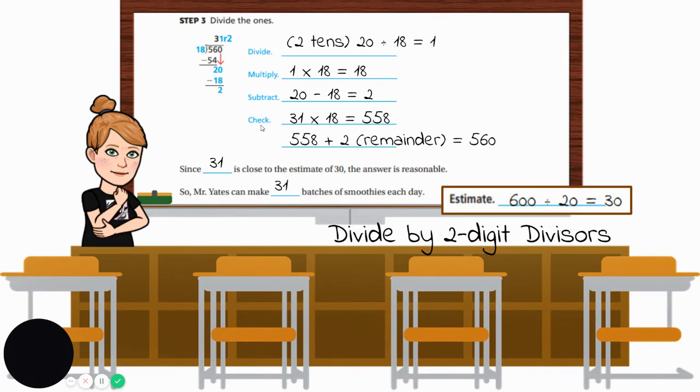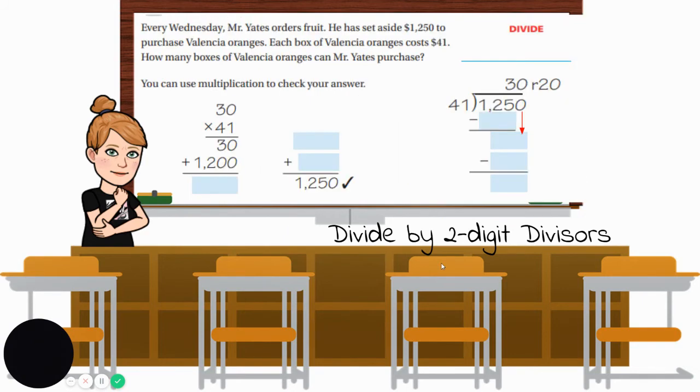So Mr. Yates can make 31 batches of smoothies each day, and he'll have 2 ounces left over. He can't use that 2 to make another batch. He would have to have more orange juice to make another batch of smoothies. So it's not enough to make a 32nd batch. So it is reasonable with our estimate.